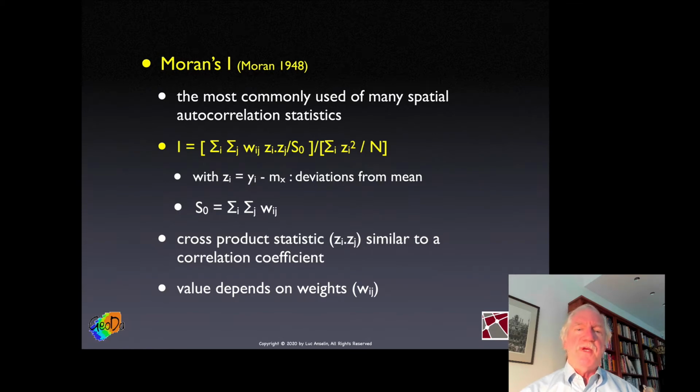It looks a lot like Pearson because, if you recall, attribute similarity, a measure, a function, and spatial similarity. The attribute similarity that we saw a couple of modules ago was the cross product, and that is what Moran's I is based on.